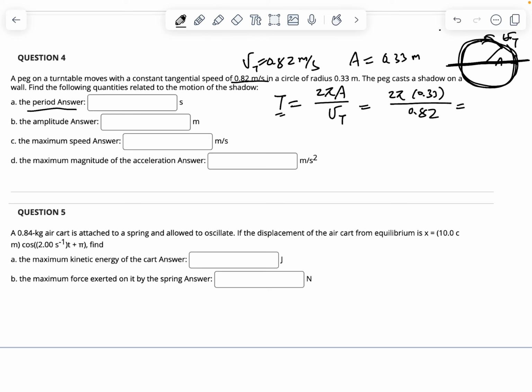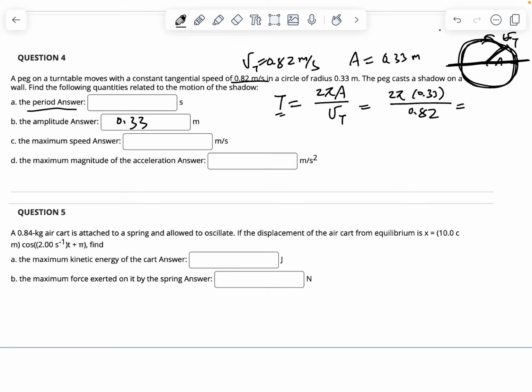Okay, so that's your period. B, the amplitude. What's the amplitude? Well, we know amplitude is your radius, A, 0.33 meter. That is the amplitude.